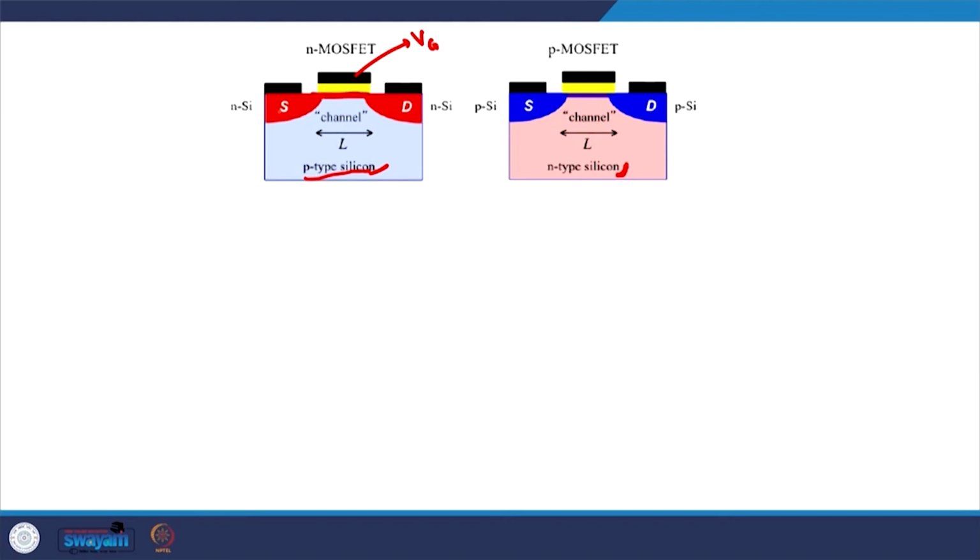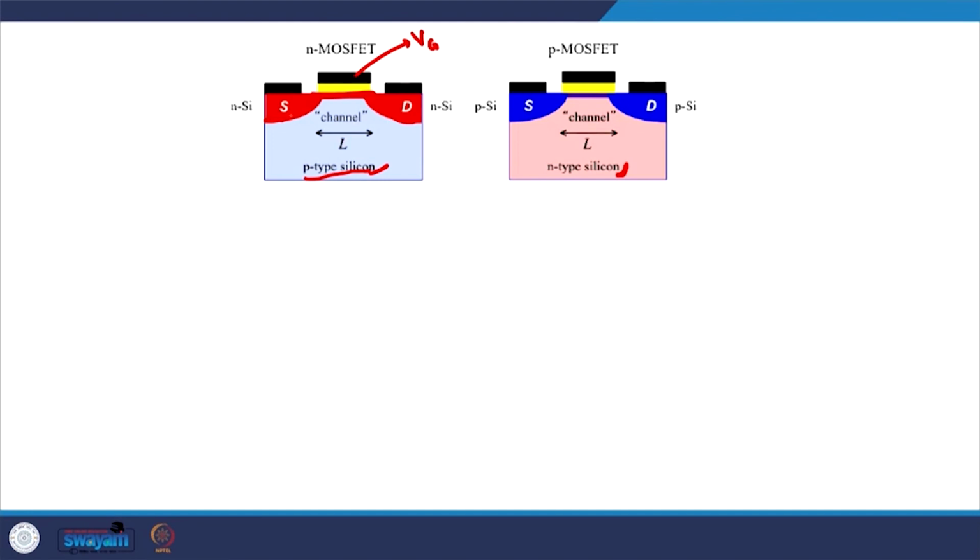As you can see, we have the n-type source, we have the n-type drain, and there will be a very thin layer of electrons here, and in this small region the channel or the body will behave as if it were an n-type silicon material.